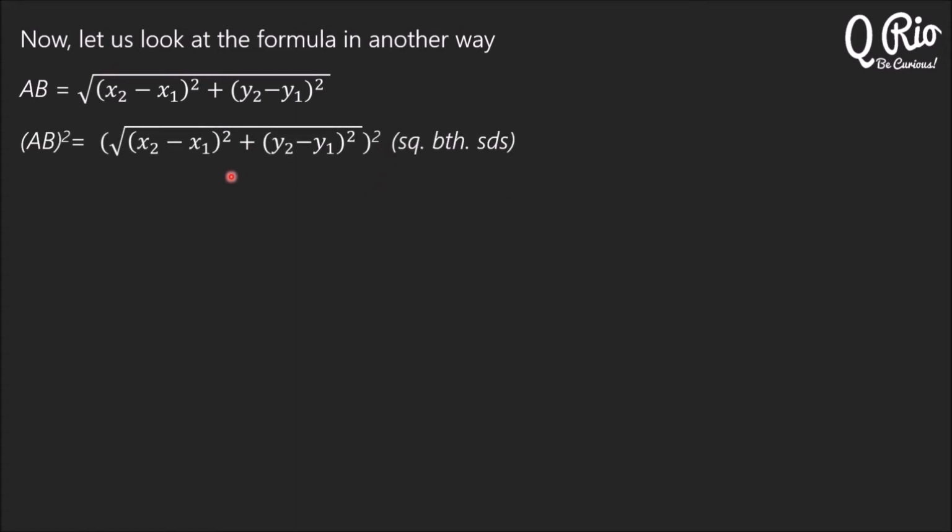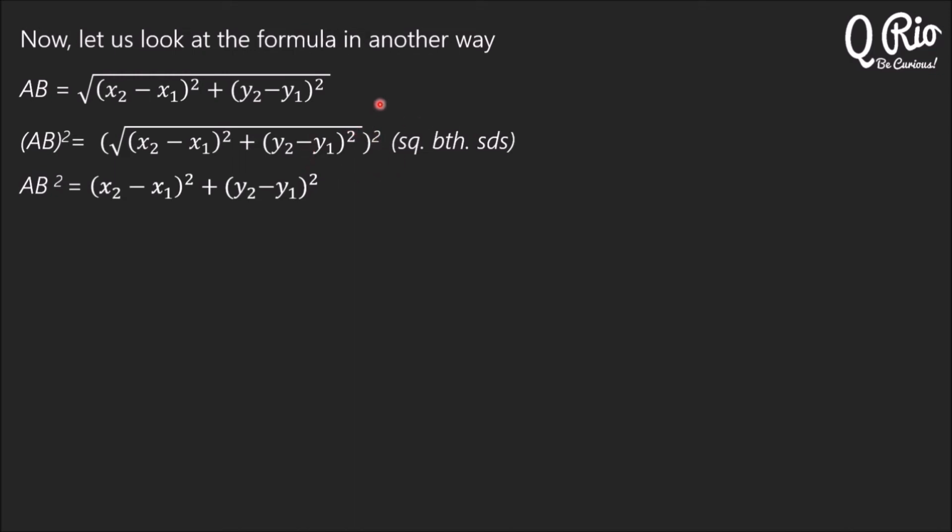Now let us look at the formula in a different way. This is our formula. Let's try to simplify it by squaring on both sides. Now AB becomes AB squared, and on this side the root and the square get cancelled because the root is to the power half and this is 2; half multiplied by 2 is 1.